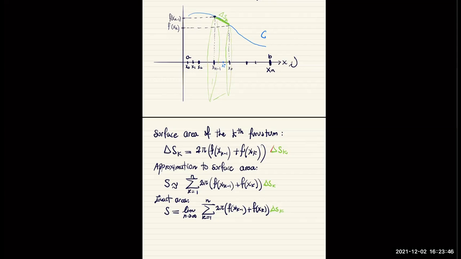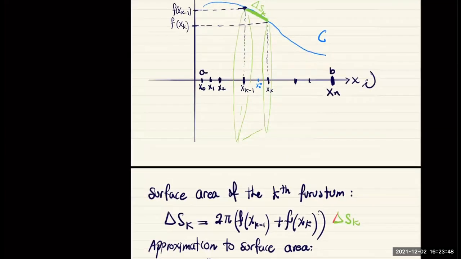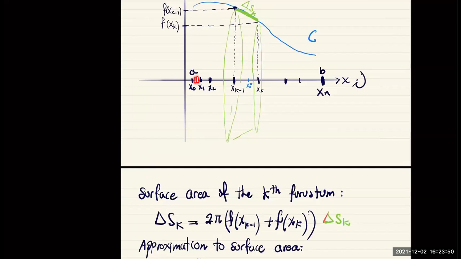And just imagine we have more partitions. The endpoints of subintervals become closer and closer together, right? The width of the subintervals goes to 0.